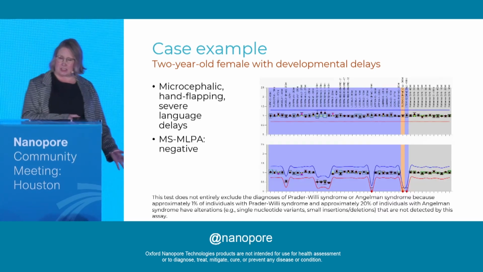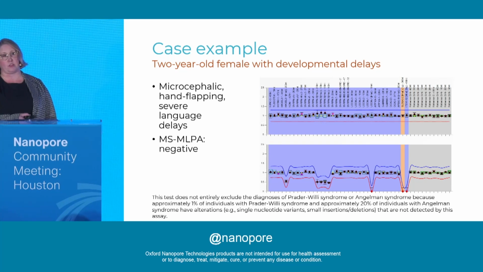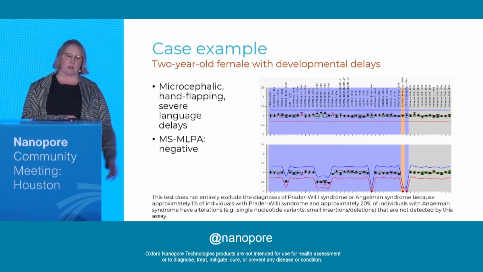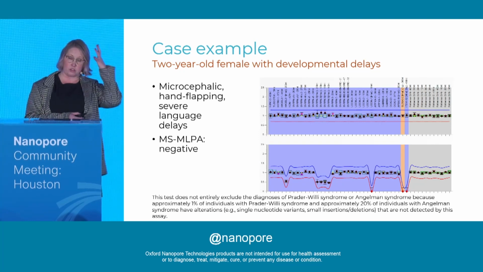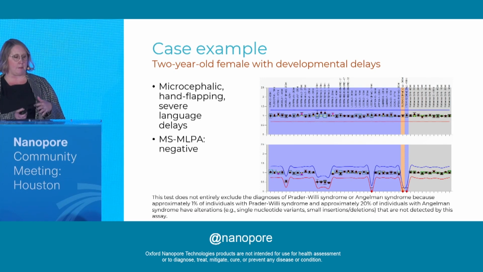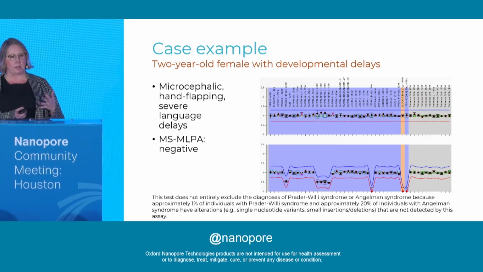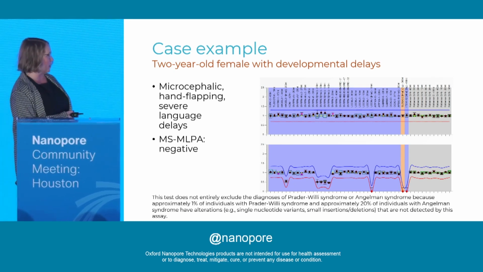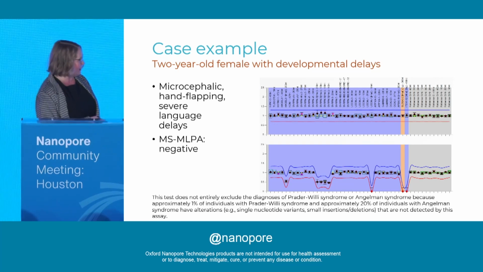A few months later, she's seen in person by the neurodevelopmental team and the neurology team. At this point, they note that she is microcephalic, so she has a smaller head circumference. And she has some behaviors, as well as some severe language delays now that make the team concerned for Angelman syndrome specifically. So they order our MS-MLPA assay.